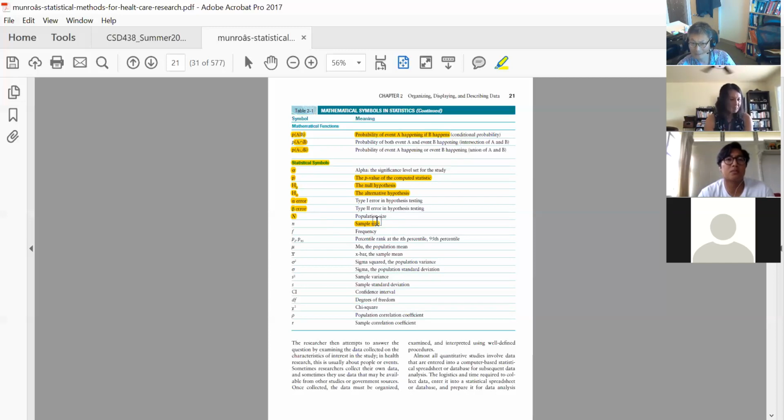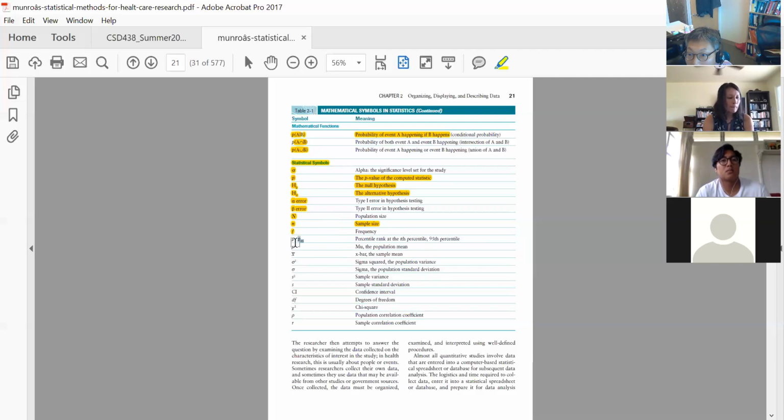And Pi or P95 is a little different from the probability. It's a percentile rank. Percentile rank is how much percentage you belong to for a certain measure. And mu, we call it the population average, and X bar is the sample mean.